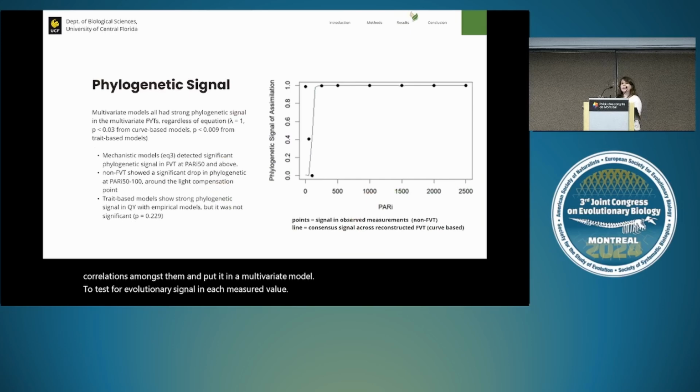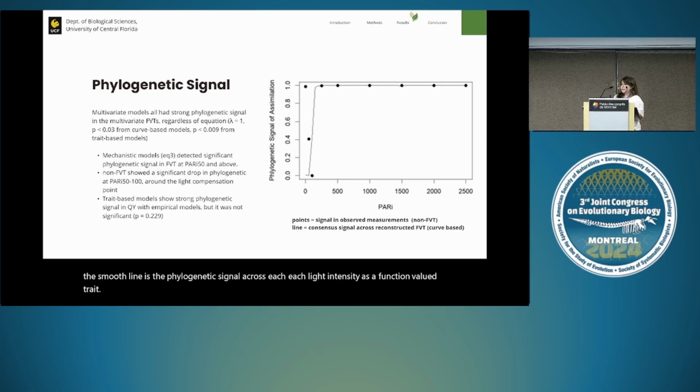That's what you're looking at here, where we have the phylogenetic signal in carbon assimilation as a function of light intensity, and each point represents our non-function valued trait approach, where it's just phylogenetic signal in the measured data. And then the smooth line is the phylogenetic signal across each light intensity as a function valued trait.